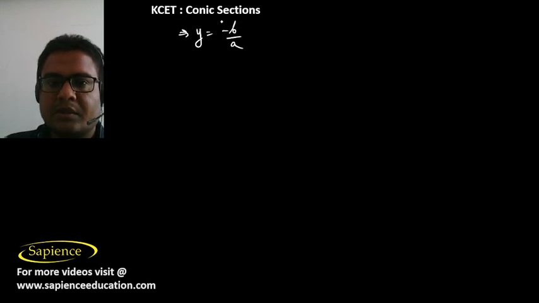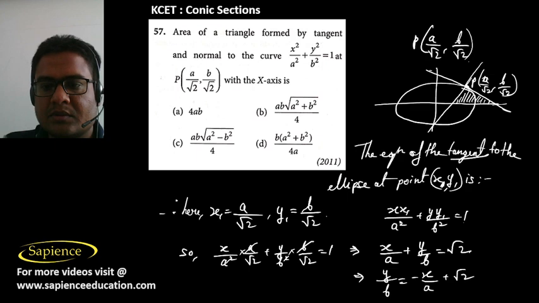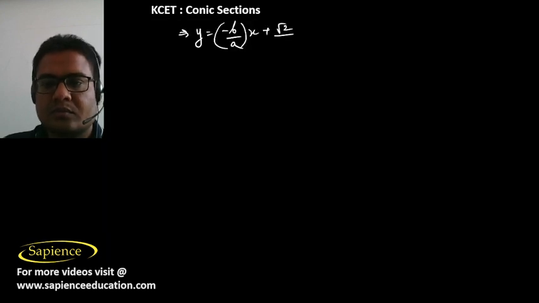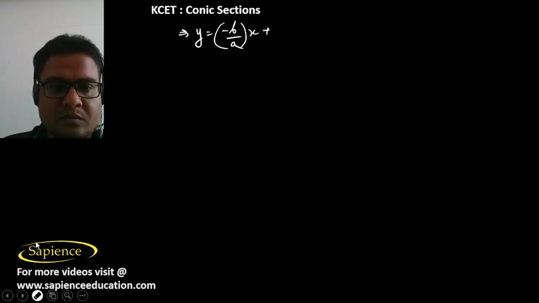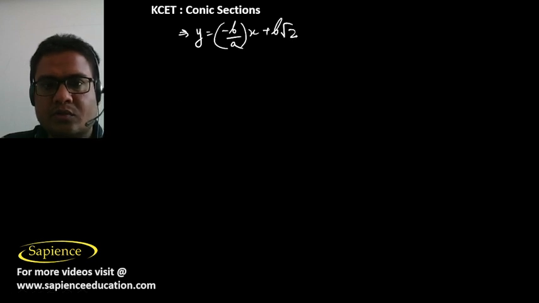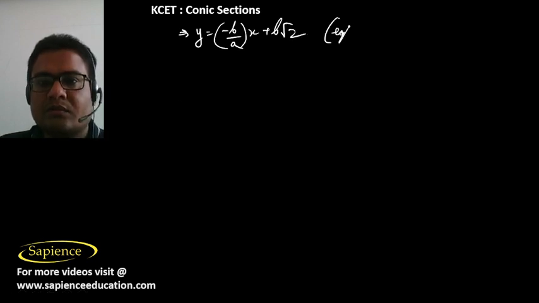So this equation I can write as y equals minus b by a into x plus b root 2. So this is the equation of the tangent.